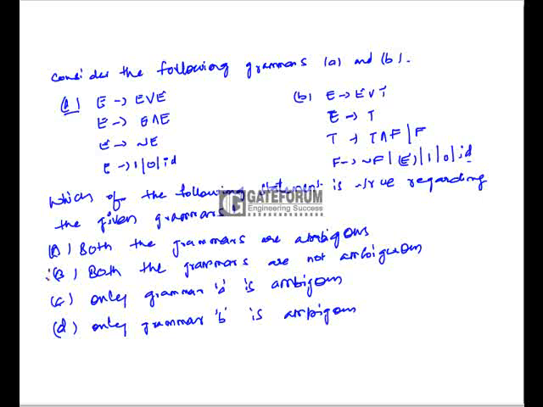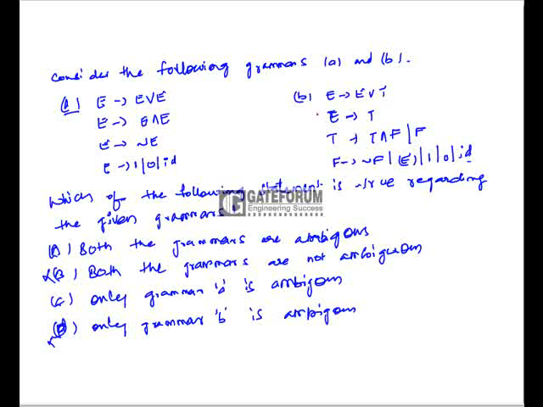So we can rule out option B. Option C says only grammar A is ambiguous. Option D says only grammar B is ambiguous. We can also rule out option D, because it states that only grammar B is ambiguous, but we saw that A is also an ambiguous grammar.